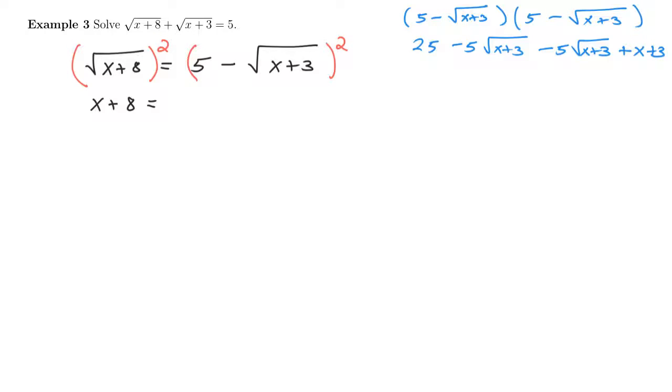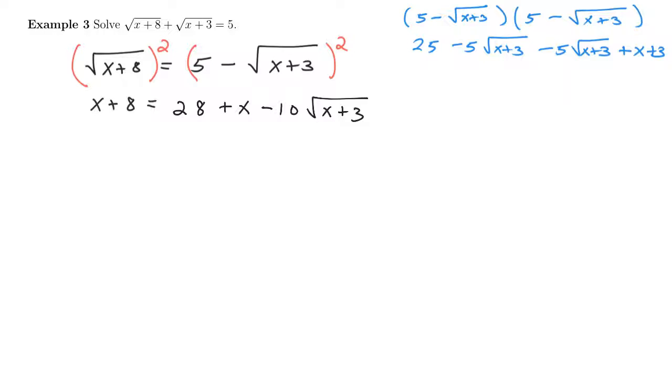I'm going to simplify all of this. Let's see. I have 25, and that 3 at the very end is 28. I have a plus x that can't be combined with anything, but I also have minus 10 times the square root of x plus 3. So that's what I mean by being careful. Like the right side, there was no way around it. It was kind of messy, but when I square it, this is what I end up with.